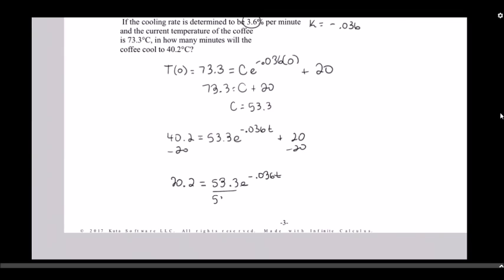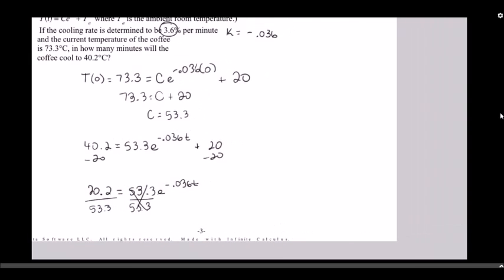Divide by 53.3. So then 20.2 divided by 53.3 equals e to the negative 0.036 t.